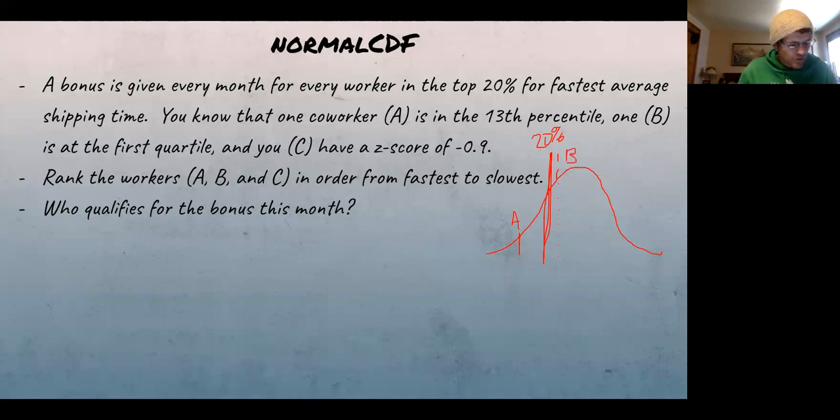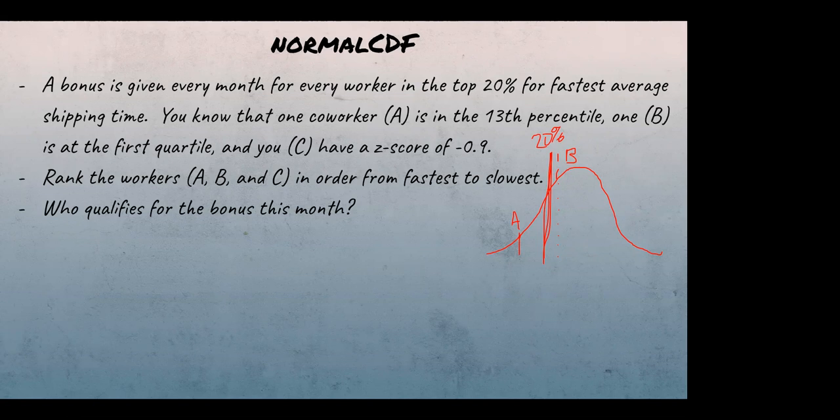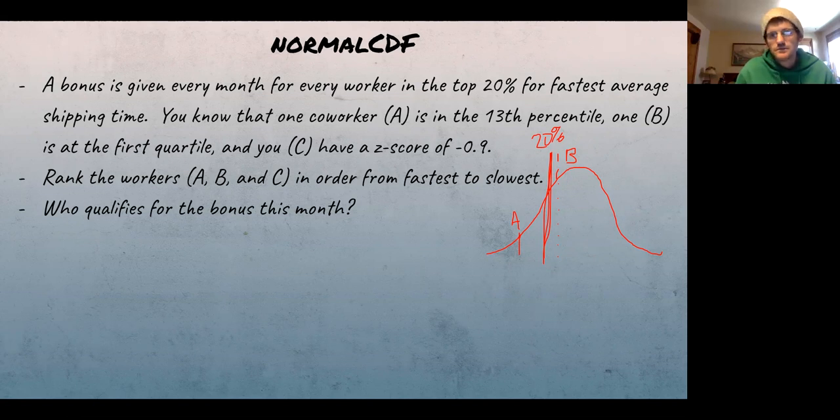Now we've got a z-score of negative 0.9. So what I want to do is I want to just do a CDF calculation, normal CDF, to figure out what percentile rank that is. So if I made my lower bound negative 99, my upper bound negative 0.9, and hopefully you're following along at home, then that puts me, since I'm worker C here, at what percentile? 18.4.